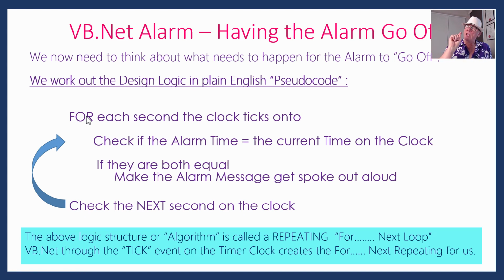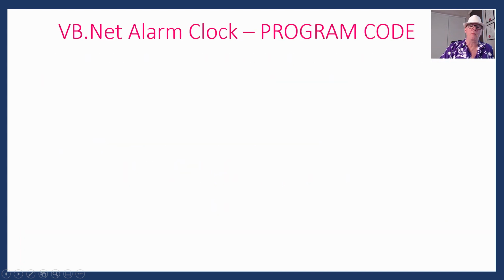So we can have the event trigger what needs to happen in here. So what we do is we say, okay, every time the clock ticks through the tick event, we're just going to check these two things in here, all right? So we don't have to actually have for and next in our program code, but other programs that we write, we will have to do that, but that's getting way into the future and getting a little bit complicated.